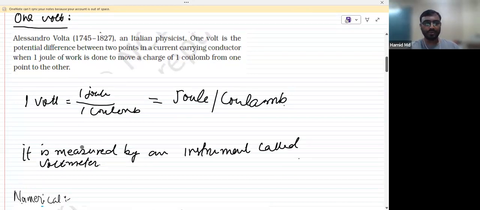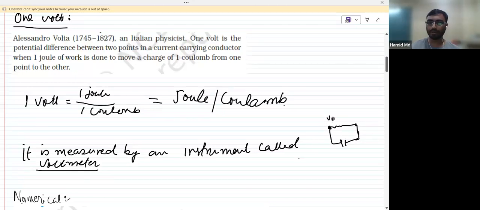So how do we measure the potential? It is measured by an instrument called a voltmeter. How do we use a voltmeter? We use the voltmeter across the terminals. If we have one load over here and a battery, there will be a potential drop.